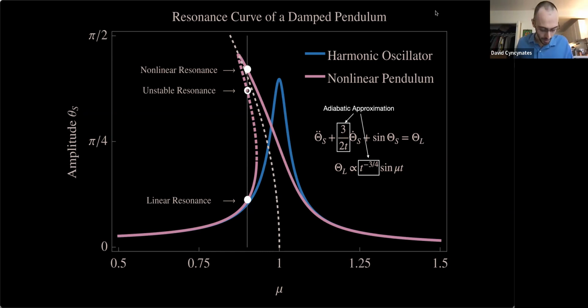When you want to understand the dynamics of a damped driven pendulum, the first place to look is the resonance curve. This plots the equilibrium amplitude of the short axion versus the relative driving frequency of the long axion. The long axion relative driving frequency is just the mass ratio, mu.